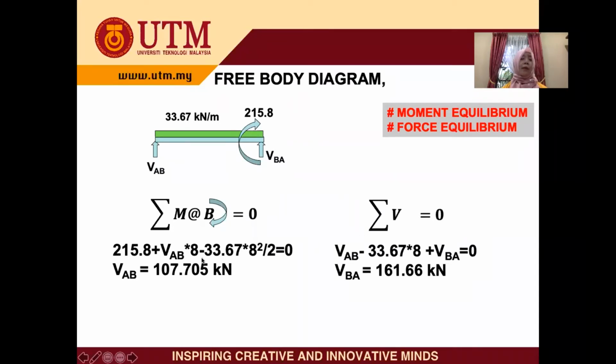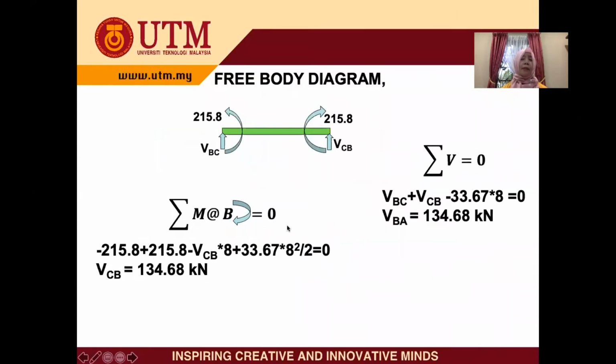Then from VAB here, we apply the principle of force equilibrium. That means the total of vertical forces is equal to 0, which is VAB plus VBA minus the load downward, so we equate with 0, and we got VBA 161.66.